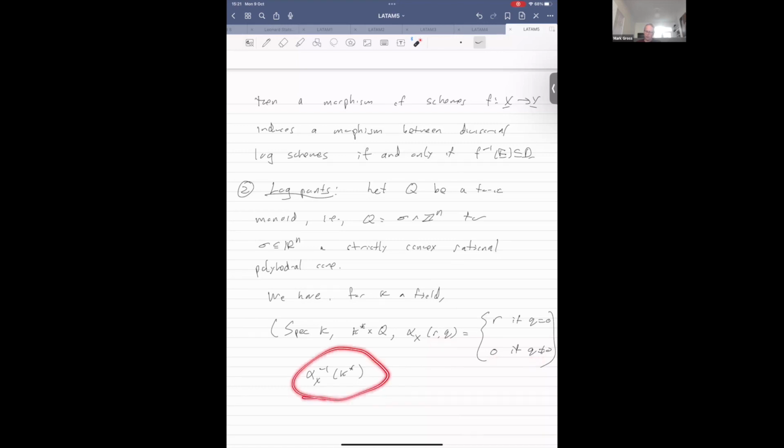So anything living in this inverse image of K star must have Q equals 0. This will be equal to K star cross 0. So indeed, that is isomorphic to K star by alpha X. That satisfies the criterion for being a log scheme.